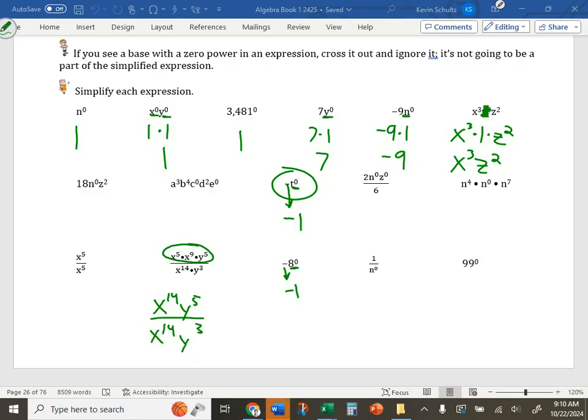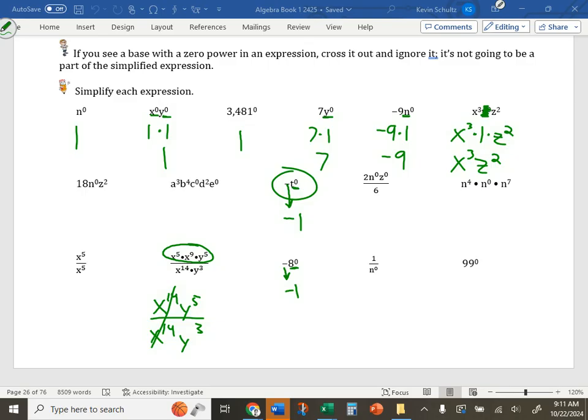Where do you go from here? 1, as your final answer? No. What does equal 1, though? The x to the 14th over x to the 14th, right? Anything divided by itself equals 1. It can be canceled out.